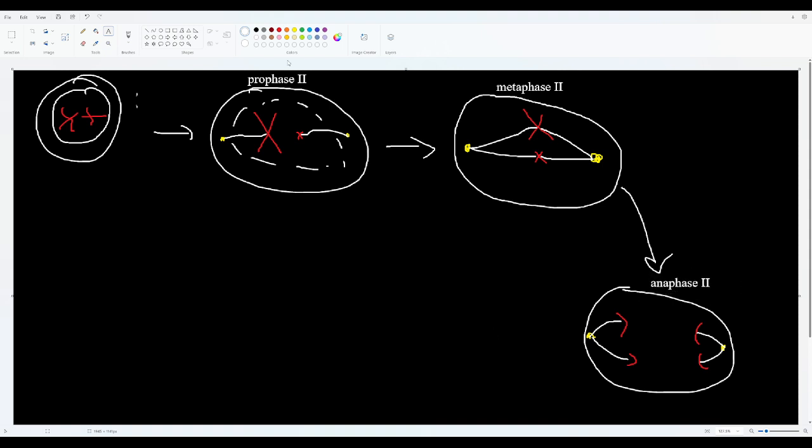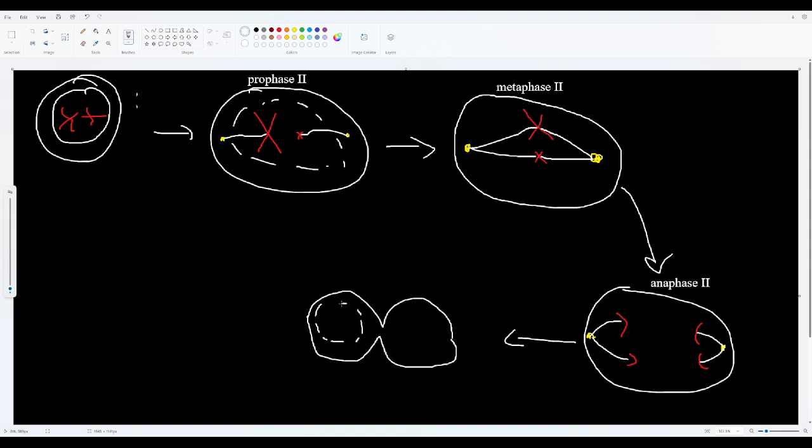And then telophase 2, what more is there to say? The cleavage furrow forms. The nuclear membrane is reforming. And the DNA is decondensing. So now we have 2 daughter cells.